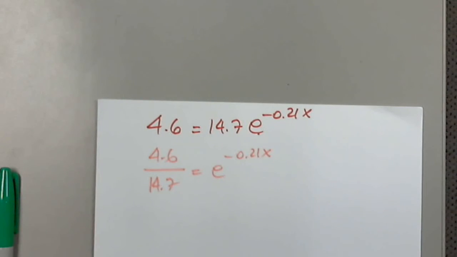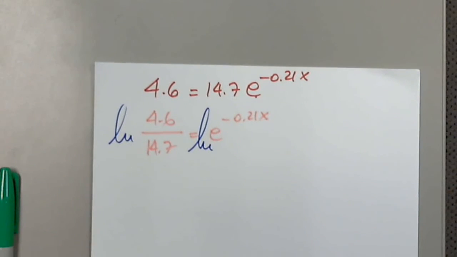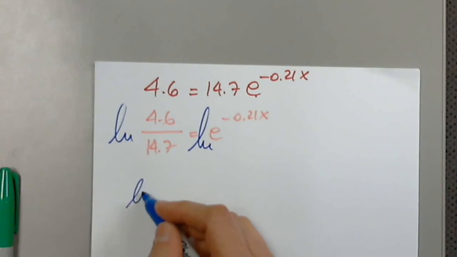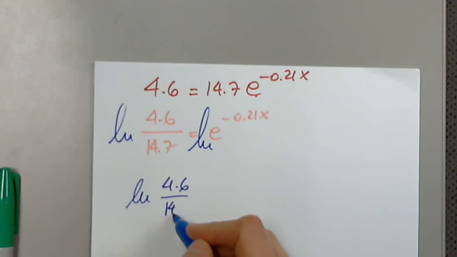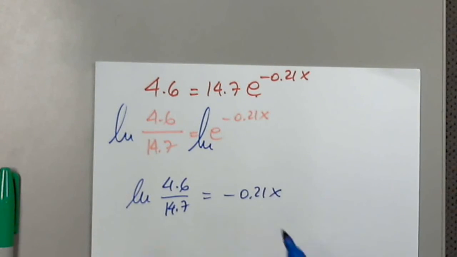Now, can I present both sides with the same base? Absolutely not. So what is the only choice? I apply natural log to both sides. I get natural log of 4.6 divided by 14.7. Do not attempt to simplify. There is no need. Equals negative 0.21x.